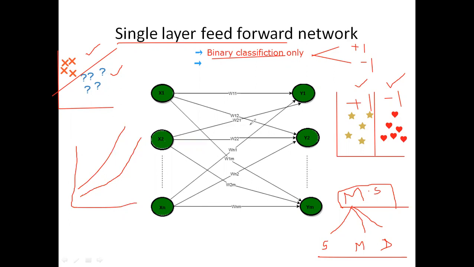But in the multi-layer feed-forward network, you are going to take two hyperlines to separate the data points.